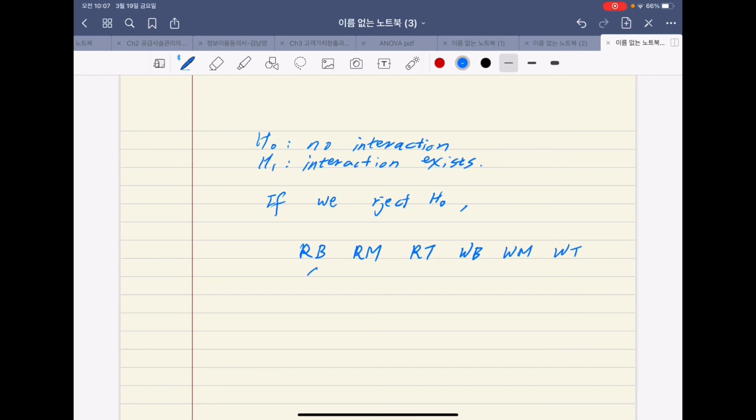And we have 3 observations for each of these treatments. Once you create this new data set, you do the one-way ANOVA.